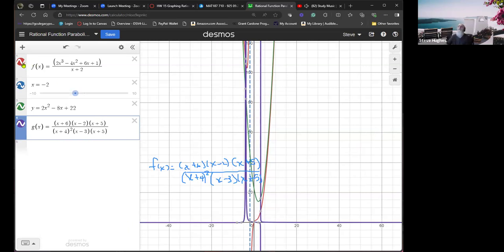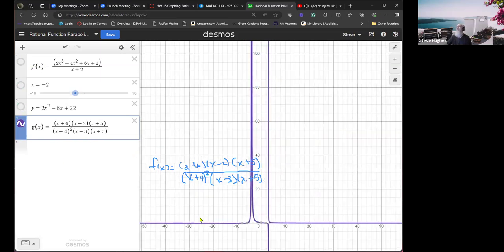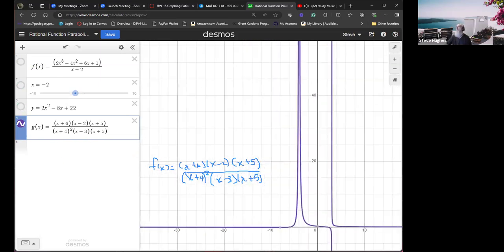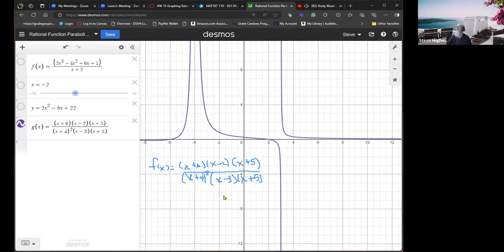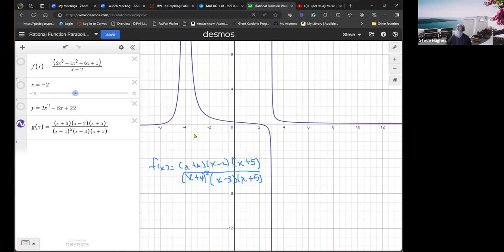Let's shut this one down so we can't see it. We're looking for the blue graph, rather. There, you see it. You can see there's our vertical asymptote right there.